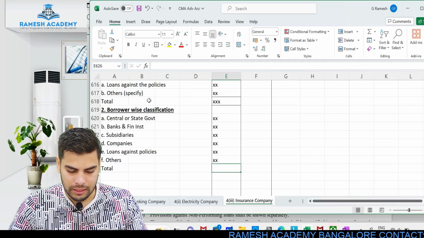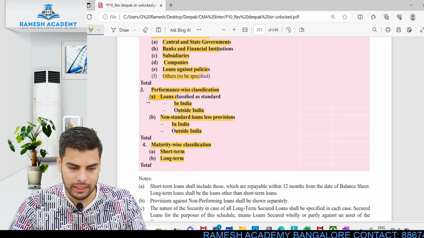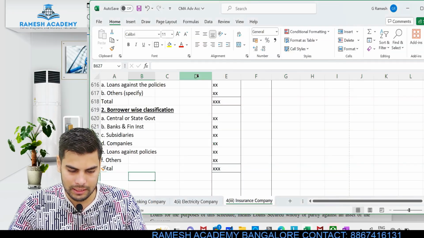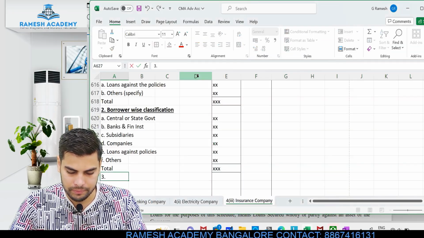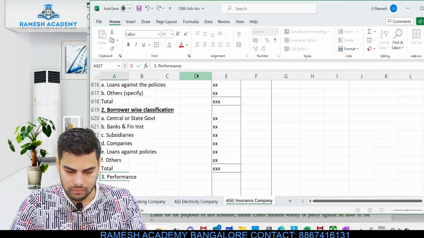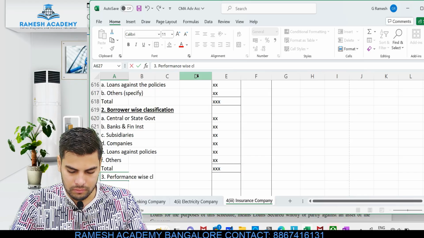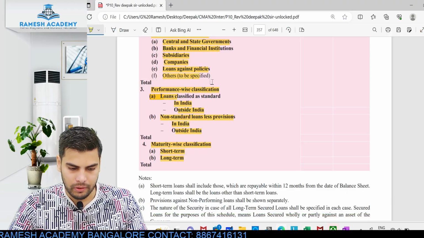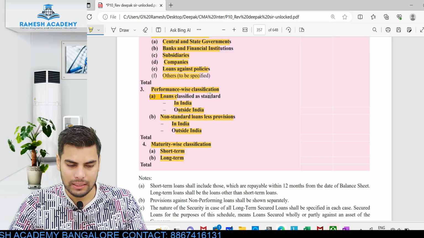After this, look at the next classification, performance wise classification. Let's see what exactly this performance wise classification is. Here you will be showing the standard loans and non-standard loans. Look at this, loans classified as standard, and non-standard loans less provision.